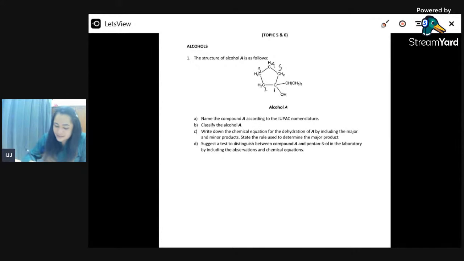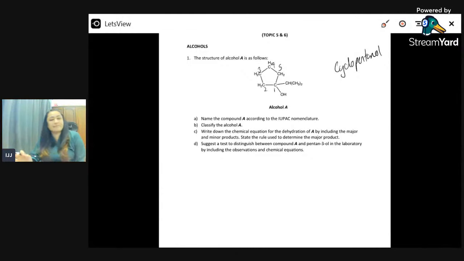So the parent name is cyclopentanol. And if you look at the first carbon itself, you have a substituent. What is the name of this substituent? This is actually isopropyl. If you look at the carbon, there are 3 carbons, right? 1, 2, 3.